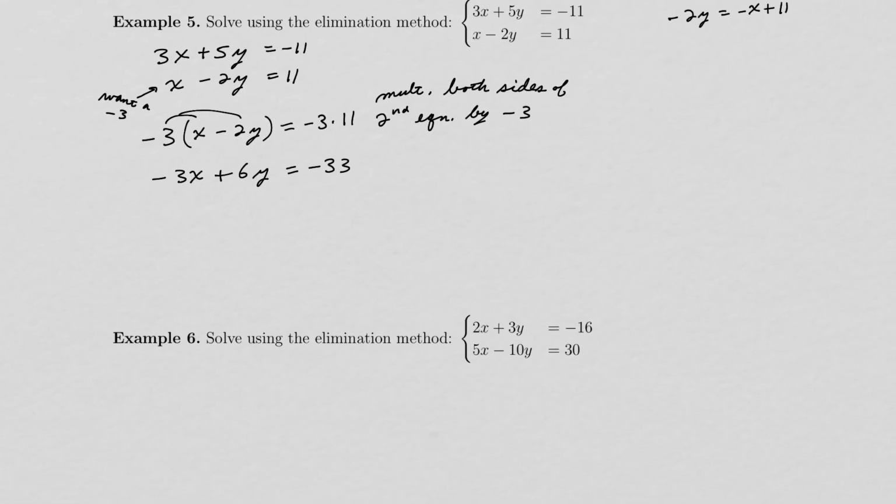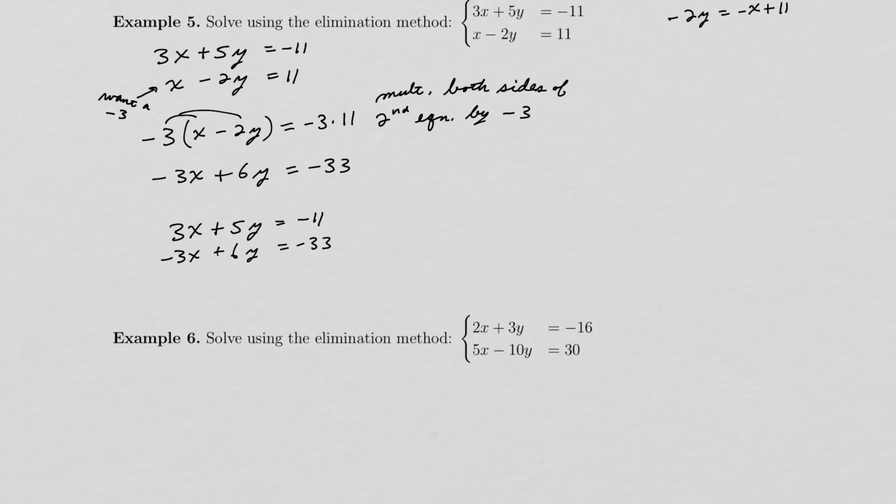So let me write the first equation again, and then the new second equation that I changed by multiplying. I didn't really change the equation. I multiplied everything by negative 3. You can do that to both sides. But it's written in a different form now so that I can eliminate the x's. I rewrote the second equation is a better way of saying it.